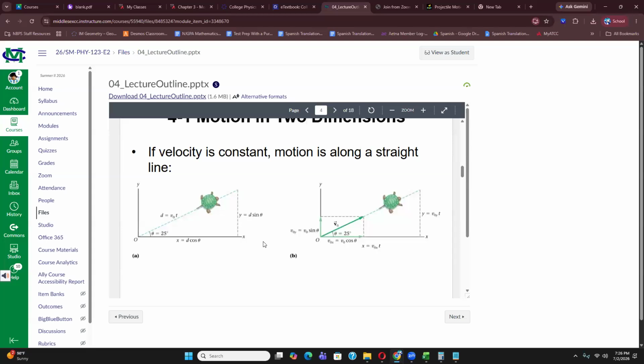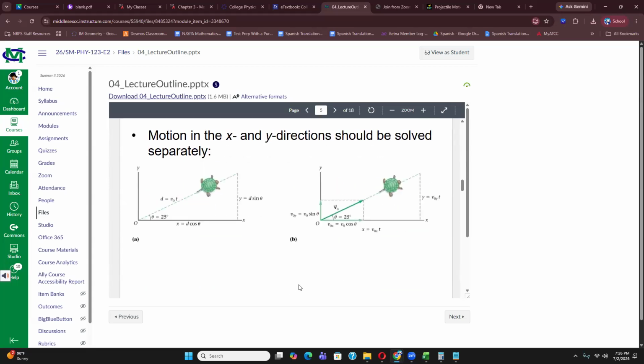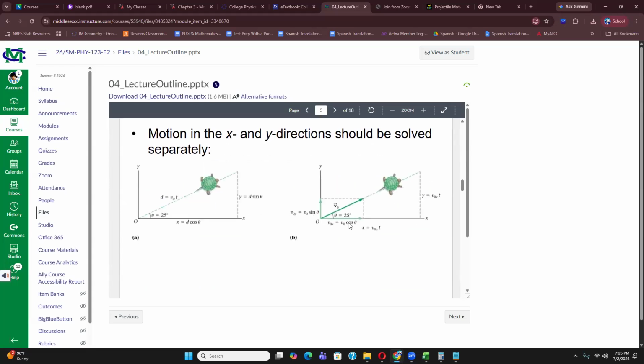So that's the first thing you need to make sure is clear: that you're going to break the velocity into components by using sine and cosine. V sine, V cosine. All right? This is important. Motion on X and Y should be solved separately.